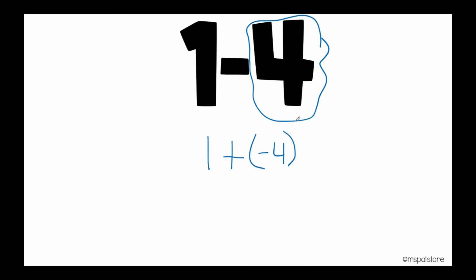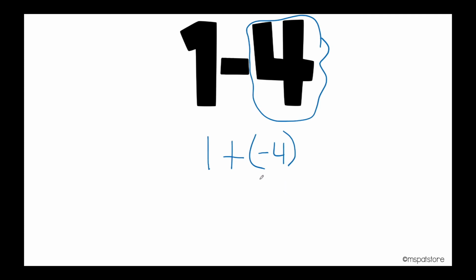All right. On this example, we have positive 1 minus positive 4. So we're going to add the opposite of the second integer, that is positive 4. So we do 1 plus negative 4 because that's the opposite of positive 4.